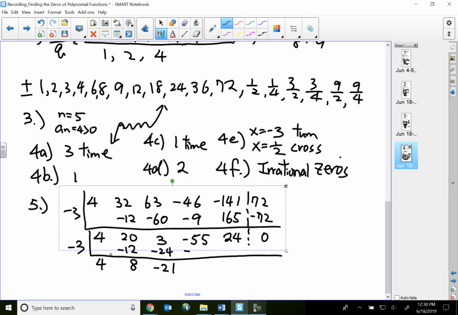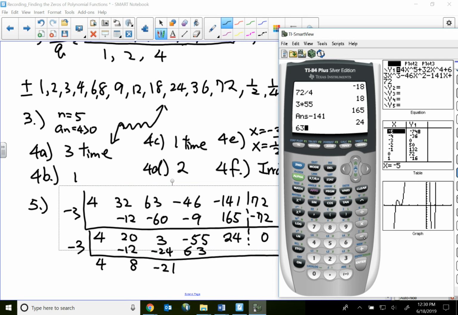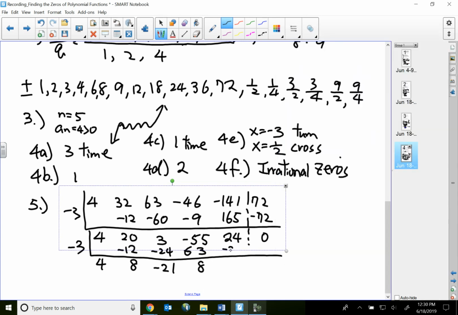That's positive 63, oh never mind. That's positive 63. So 63 minus 55 is 8. Positive 8. That's -24. Remainder is 0. All right, so this 4 now becomes 4x to the third.